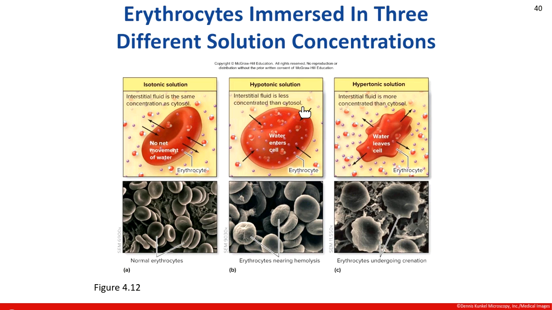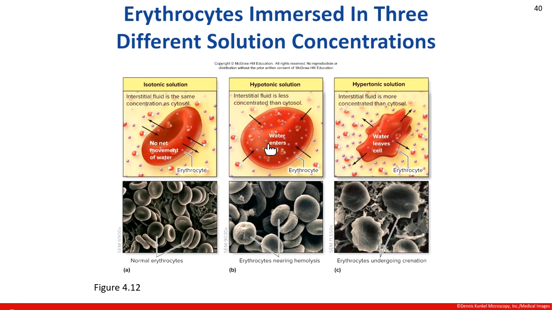So water is always going to want to move to the area of greater solute concentration, because that's where there is less water. So it's going to move from outside the cell to inside the cell. The cell will start to swell up and it will burst. It's called lysis. Specifically, with red blood cells, or erythrocytes, it's referred to as hemolysis.